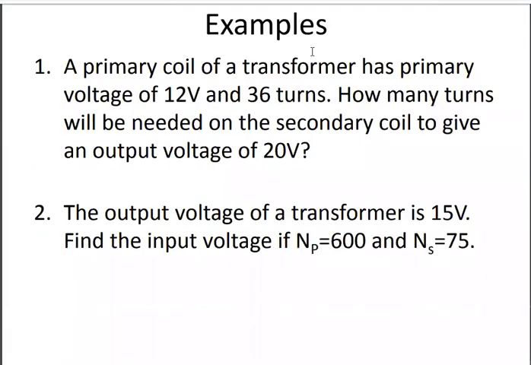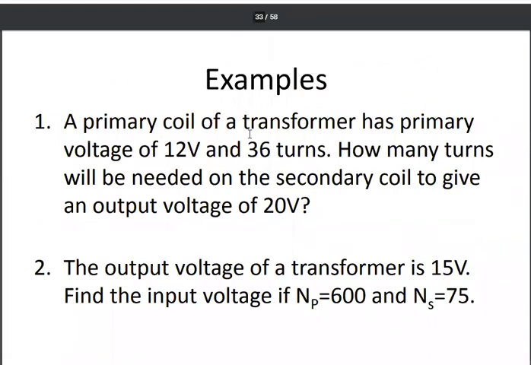Now, this is the example. A primary coil of a transformer has a primary voltage of 12 volt and has 36 turns. So this is Vp, because it is primary. And this is Np, that is the number of turns in the primary coil.